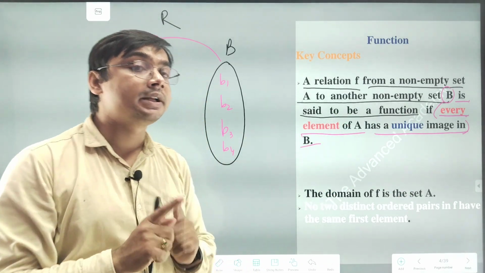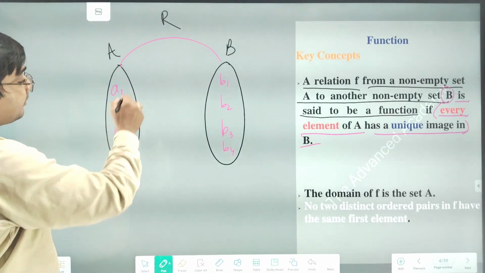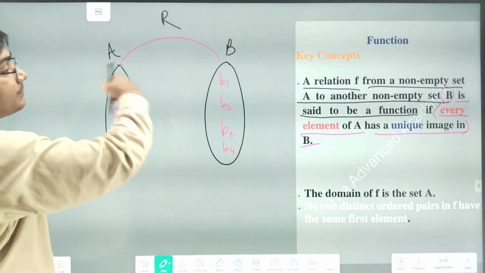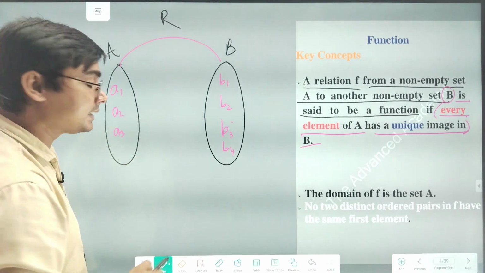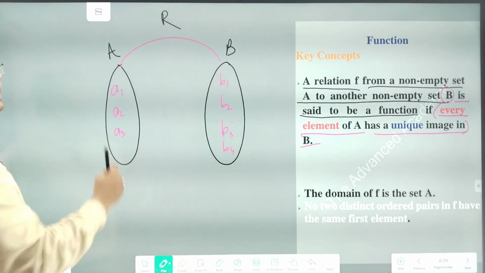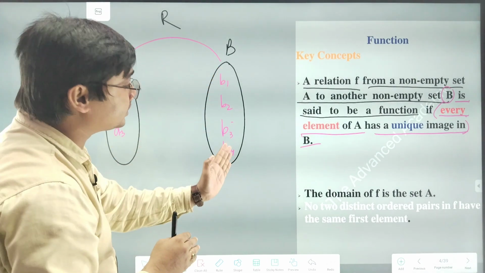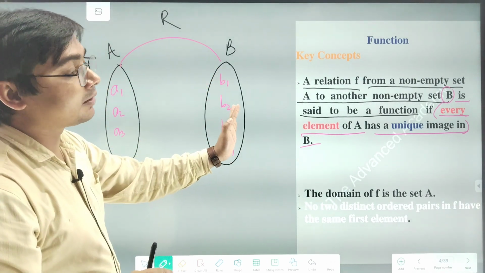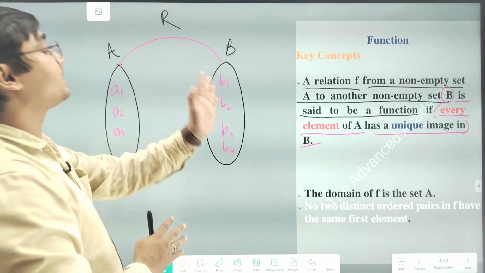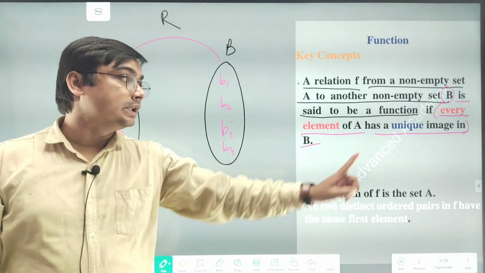That means the first condition is that every element of the first set must be connected to some element of B. All the elements of the first set must be connected to some element of that set, then only there will be an image, and that connection should be unique.